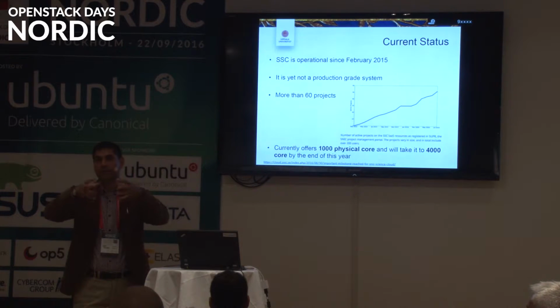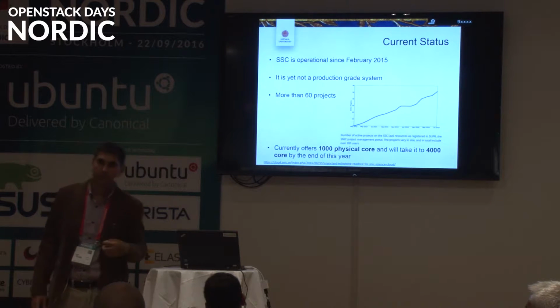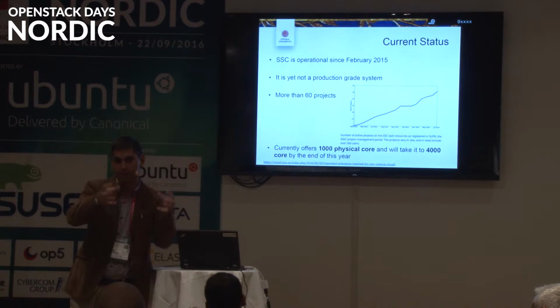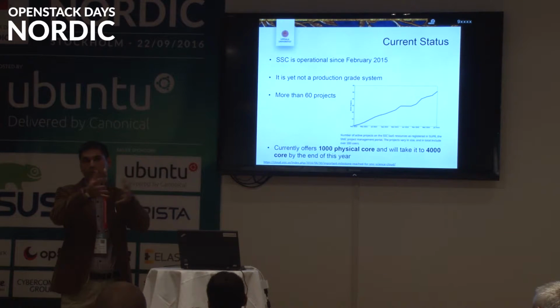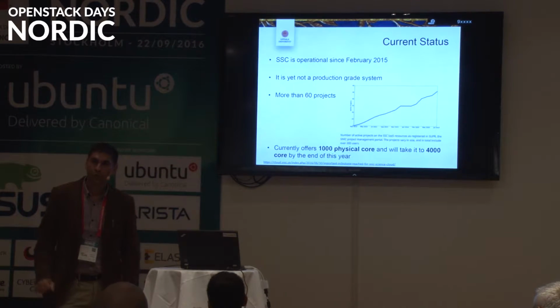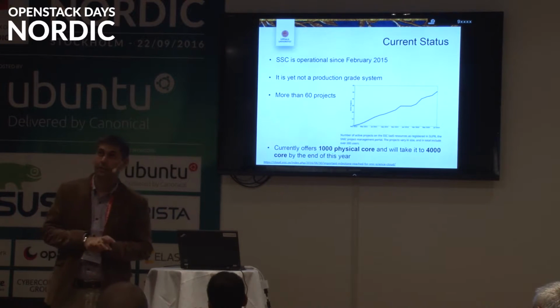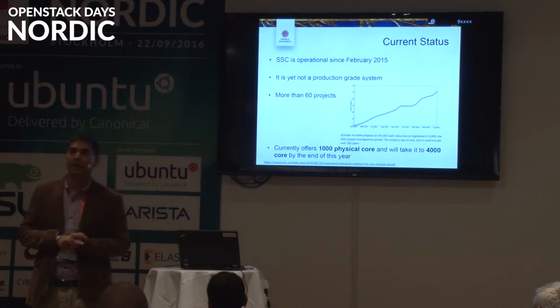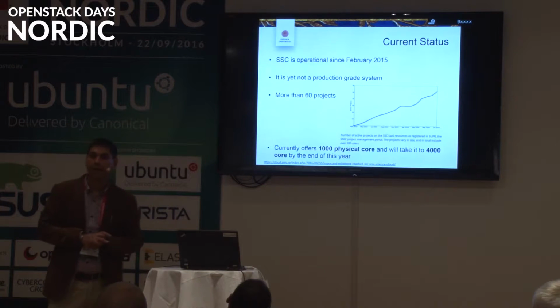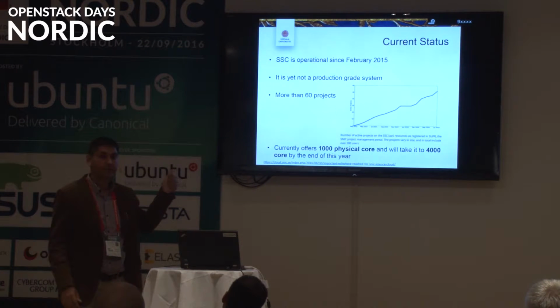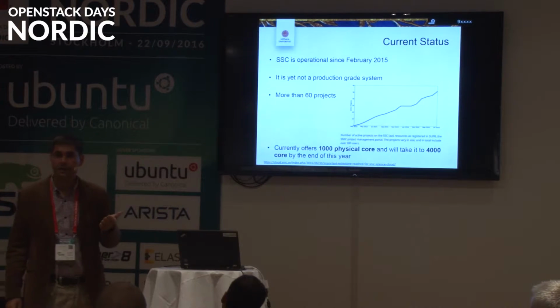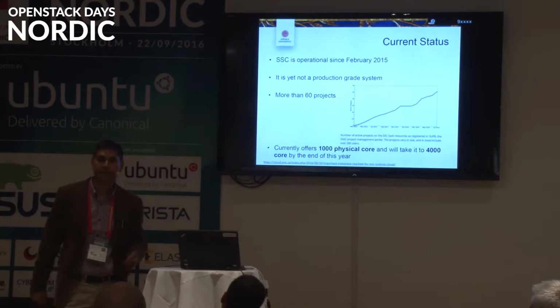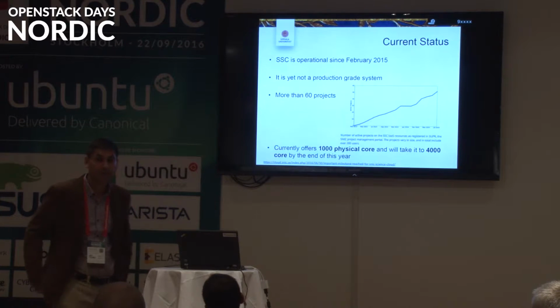So project means that one research group would like to get some resources, and then all the users that would like to use the resources are within that. If I count that correctly, it is more than 250 users that we have in the cloud. Still no production quality system, but we managed to provide a facility for the Swedish academia, where we have 60 projects running in the system.